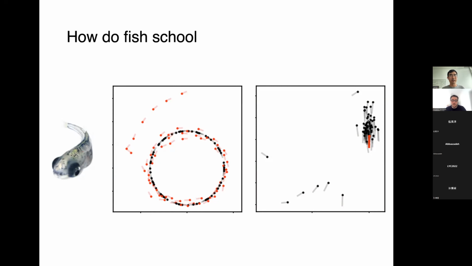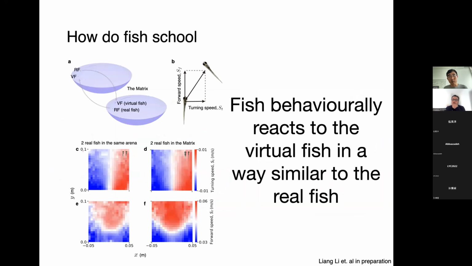We don't care about those philosophical questions. If the real fish are behaviorally fooled by the virtual fish, then the system should be enough for us to study behavior. Then we compare the behavior of the real fish reacting to the real fish and to the virtual fish. How do we do it?